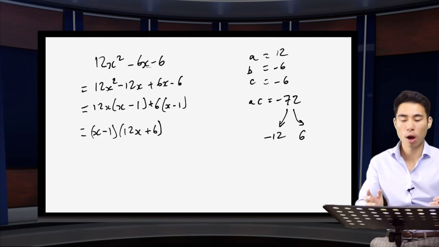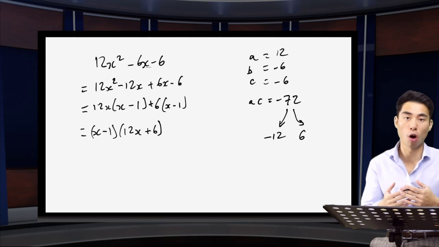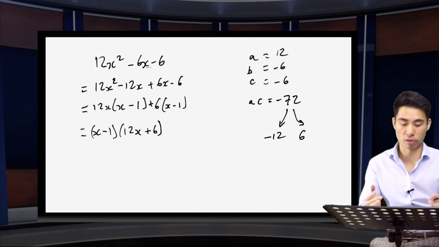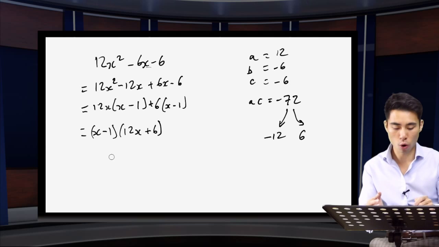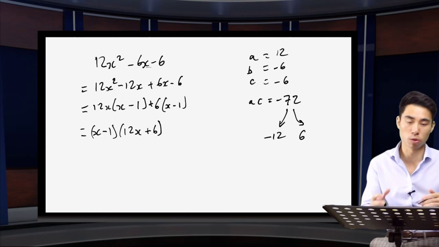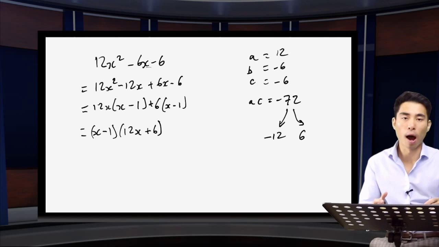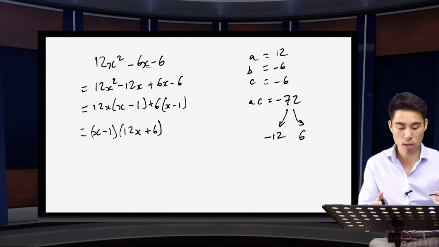And if you're factorising a quadratic expression as part of solving an equation, then it doesn't matter whether you factorise it in this form here or in one of the other two forms that we've looked at down here. You will get to the same solutions for x.